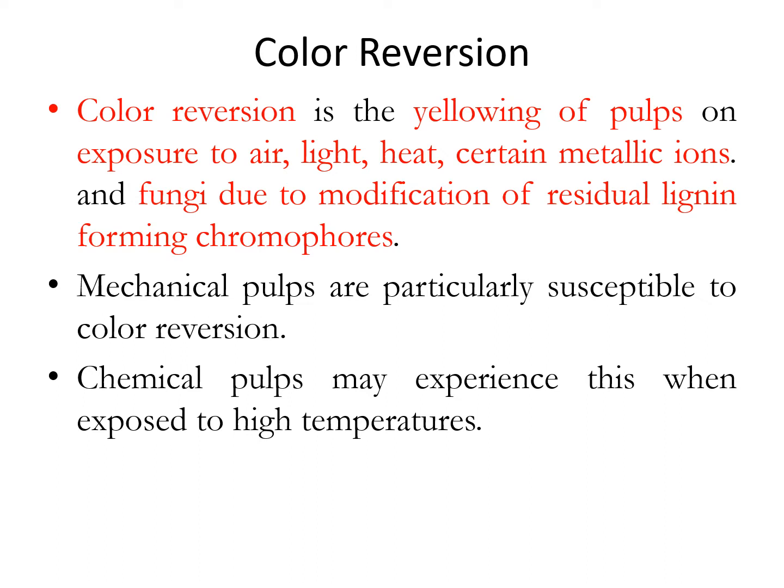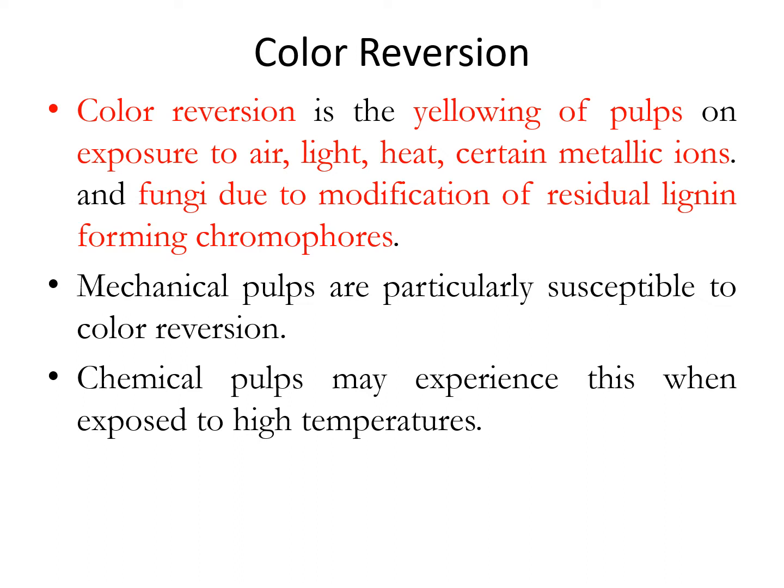Basically, color reversion is the yellowing of paper or pulp on exposure to external stimuli like air, light, heat, and fungi. These modify the residual lignin present in the pulp. Basically, lignin is a chromophore, so when the external stimuli modify this lignin, color reversion may take place.